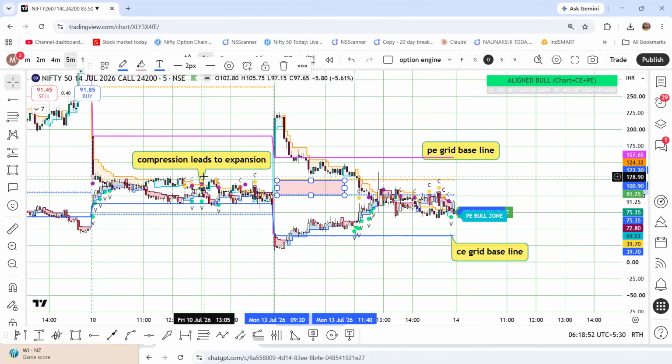I coded for compression on the underlying, and this was left out. All of a sudden, when I created the dual option engine, I started noticing compression on the option premium, that is option premium pairs, and then something came out of this.